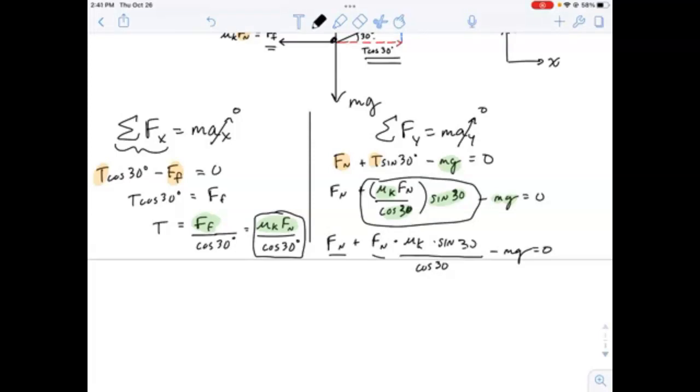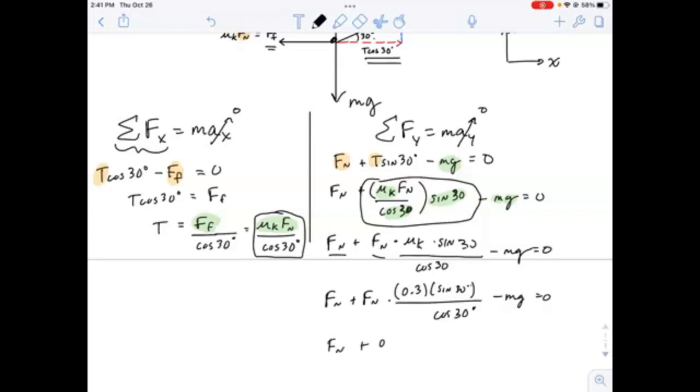And now I'm going to do 0.3 times sine 30 divided by cosine 30, which equals 0.173.